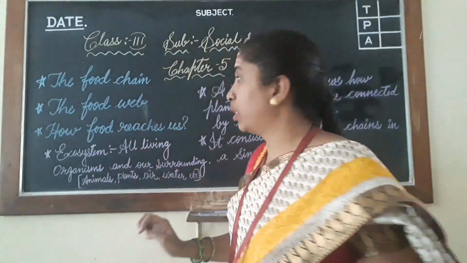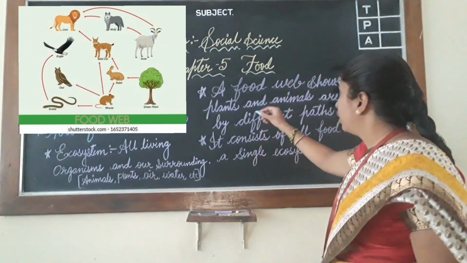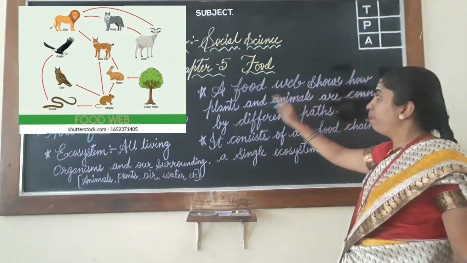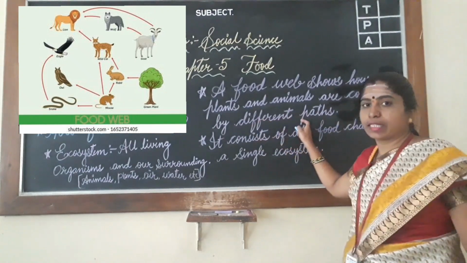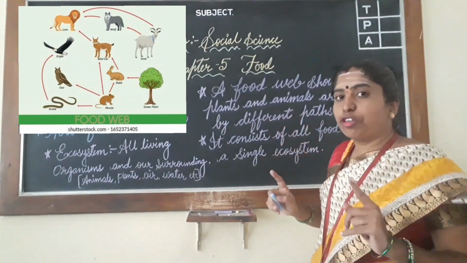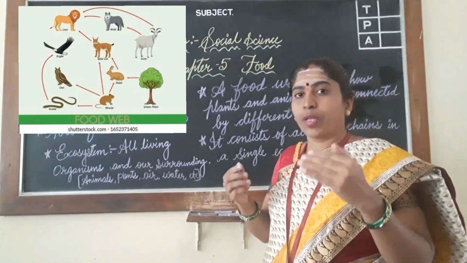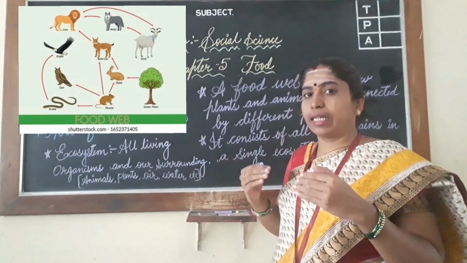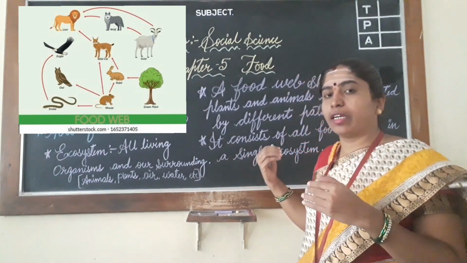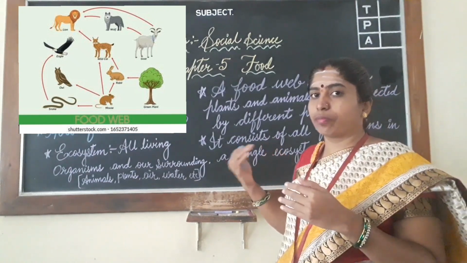Now let's see about the food web, children. Okay. Here a food web shows how plants and animals are connected by different paths. I said food chain is a single path, where you will see only one plant is eaten by an animal and that animal is in turn eaten by another living organism, isn't it?